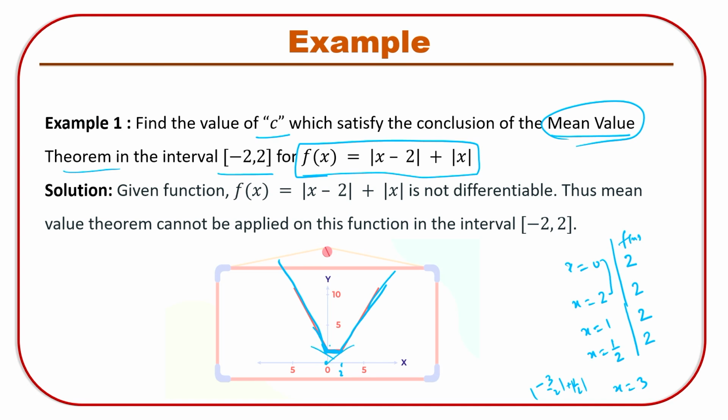This is a corner. The slope on one side of this point is different from the other, and hence the function is not differentiable. Once the function is not differentiable, we cannot use the mean value theorem, right? So straightforwardly, you can write down that the mean value theorem cannot be applied in this case because the function fails to be differentiable in that interval.